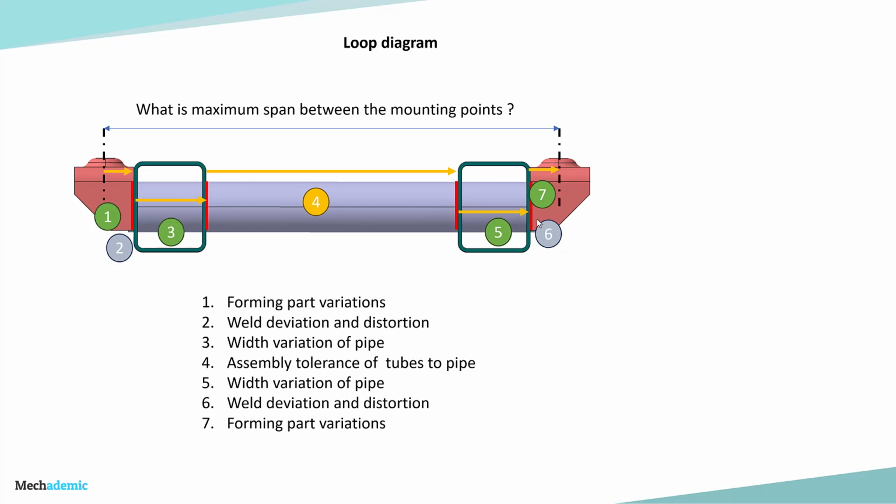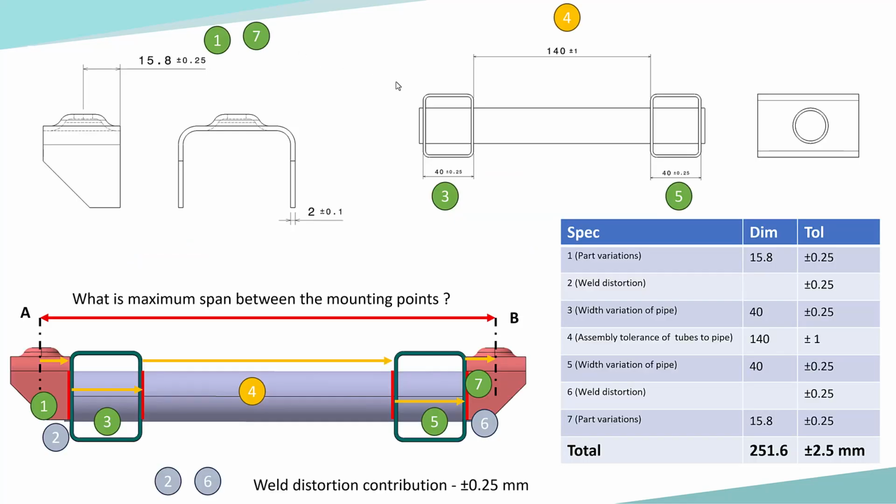Specification number 6 is also weld distortion, which is same as specification number 2. And specification number 7 is forming part variation, which is again similar to specification number 1. So this is the loop diagram. We start from A and end at B, and we are calculating the specification for this span between the two axes. So here is the data from the part drawings.